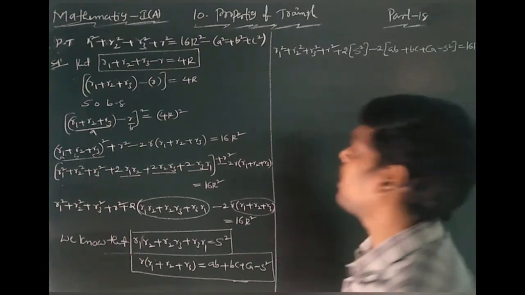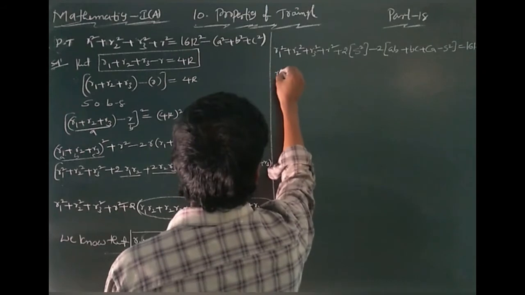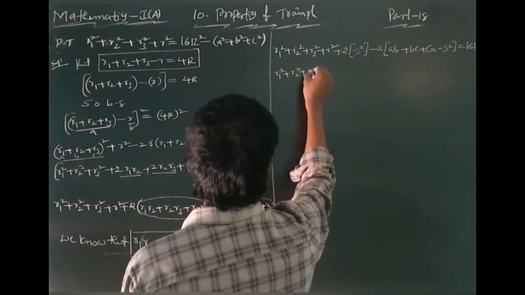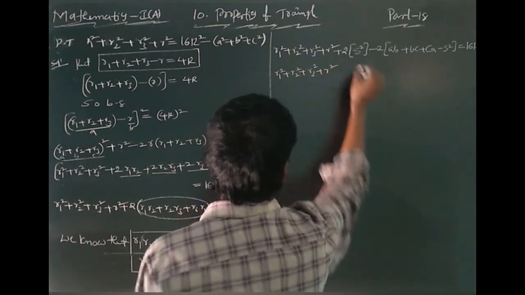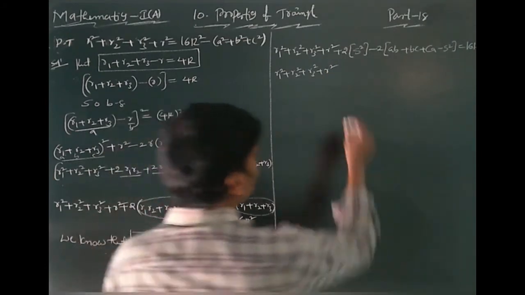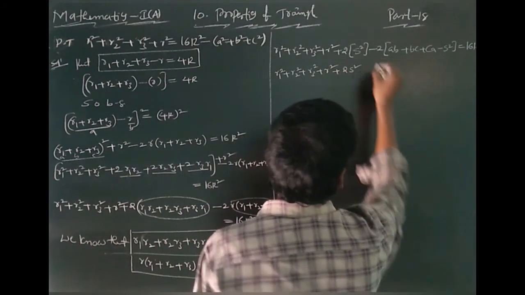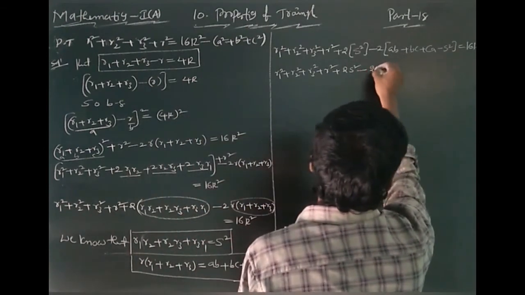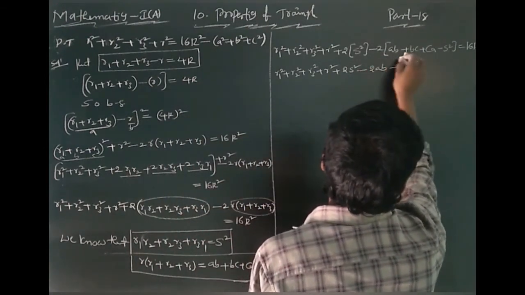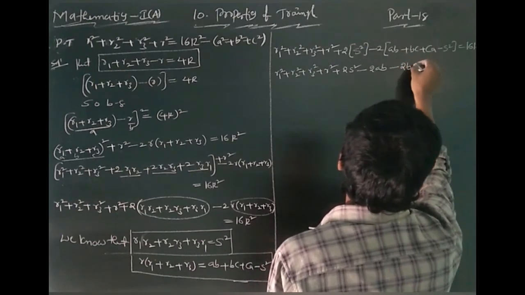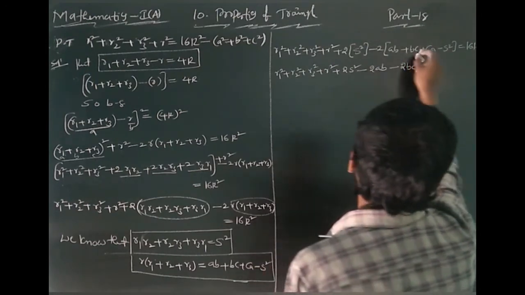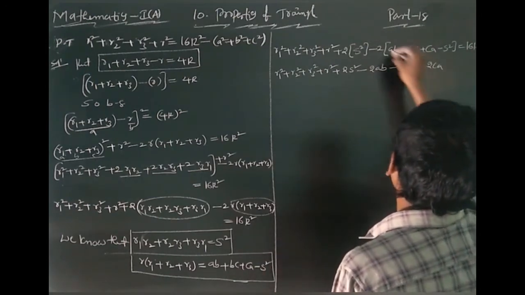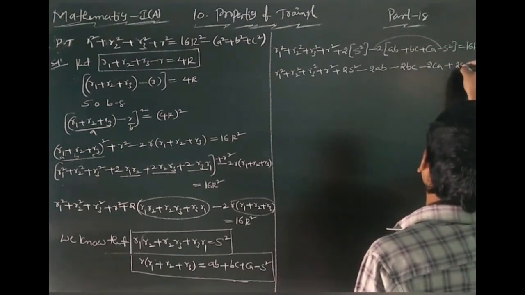After that you can write r1 square plus r2 square plus r3 square plus r square plus 2s square, minus 2ab minus 2bc minus 2ca, plus 2s square, equal to 16r square.